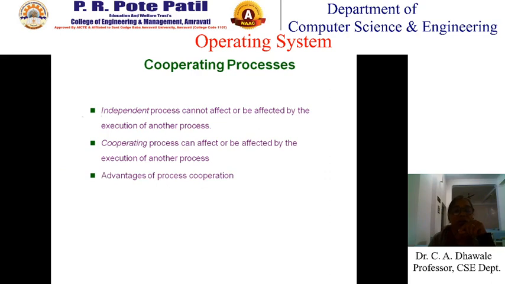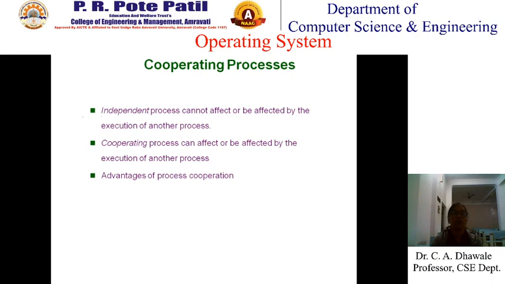Now, what are the advantages of process cooperation? Just like you are living in a society, where people cooperate with other people, in the operating system environment there are multiple processes, and if the processes are sharing data or information, they are cooperating with each other.